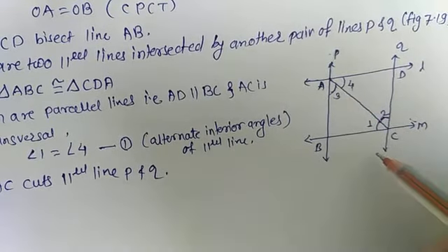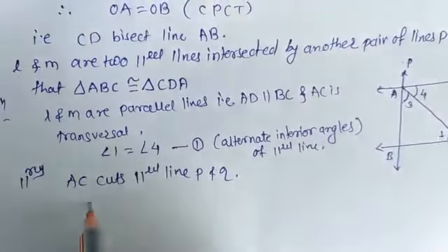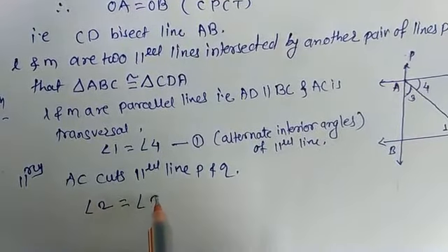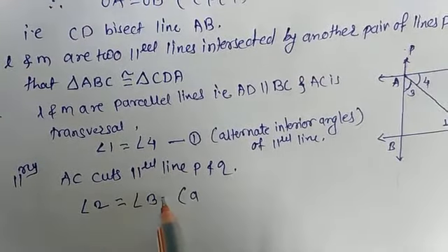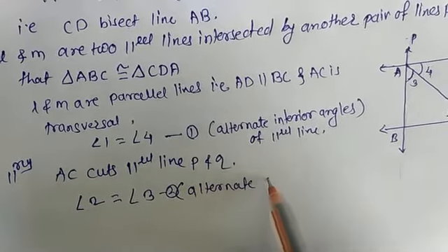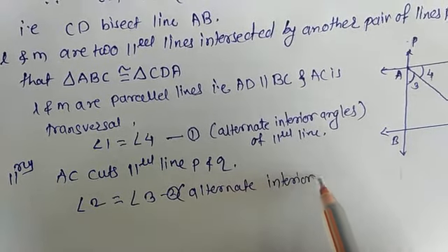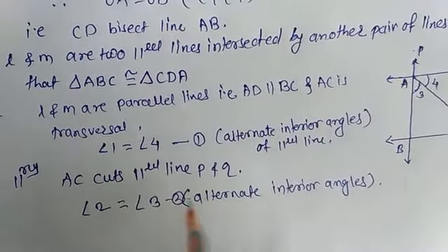Angle 2 is equal to angle 3, equation number 2, because they are alternate interior angles.